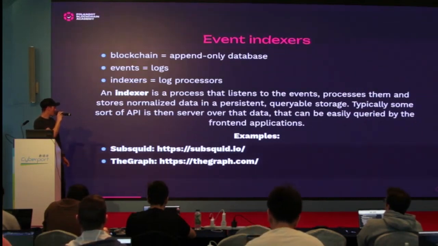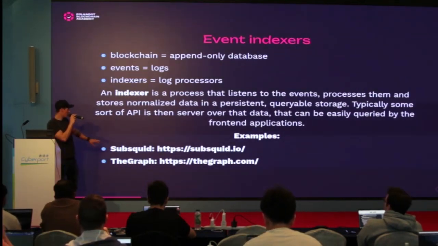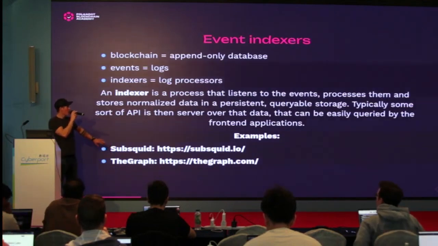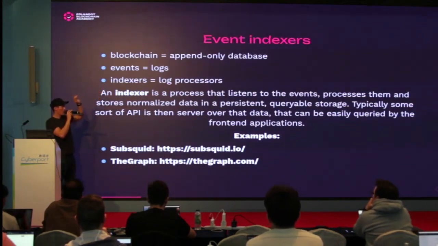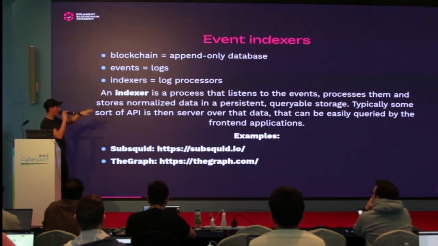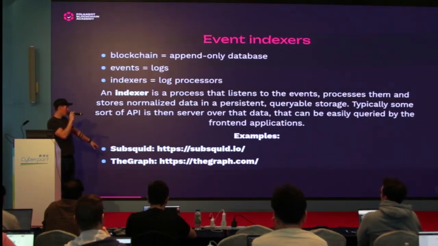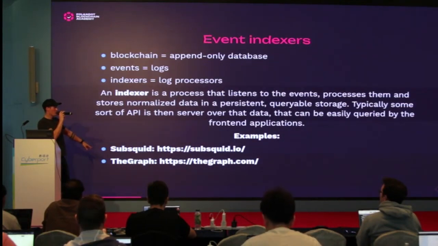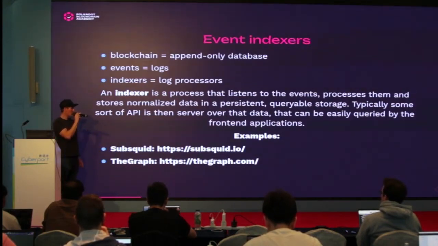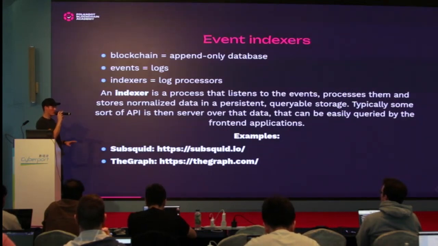Basically, they differ in one thing. Subsquid gives you an SDK to build your own indexes, host the database, host the process itself, an API. The Graph, I think, allows you to define a schema, and it creates an API over it, so it's higher level. Subsquid gives you a bit more control. Or you can roll out your own. There's nothing stopping you. Whatever floats your boat.